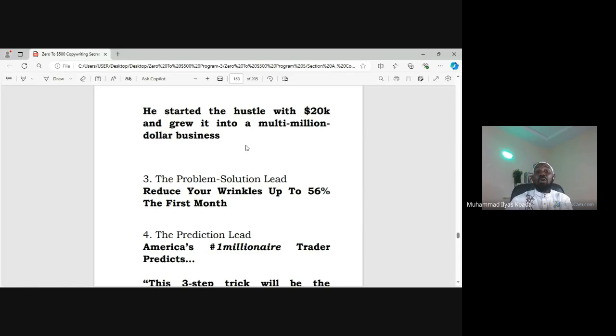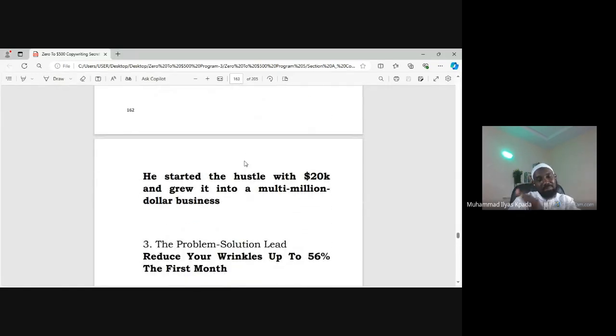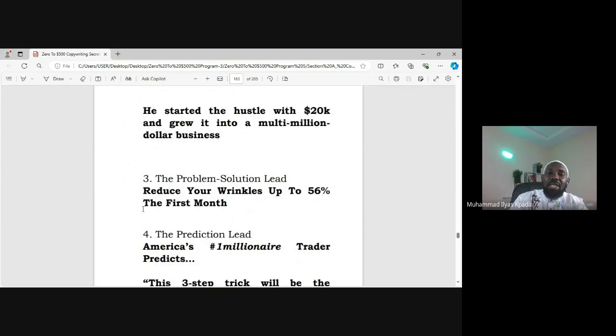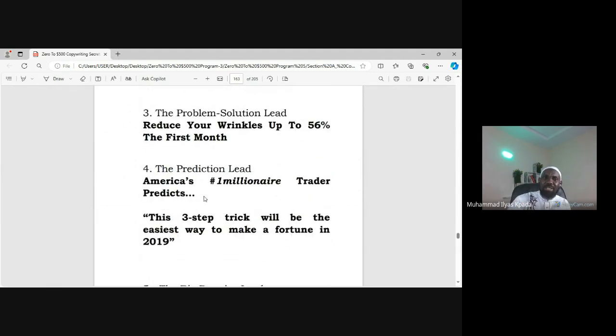You can go on and expand it now. You will expand it and talk about how it came about and all the components, right? The next thing is the problem solution lead. Reduce your inputs up to 56% the first month. Keep clean. Problem solution.